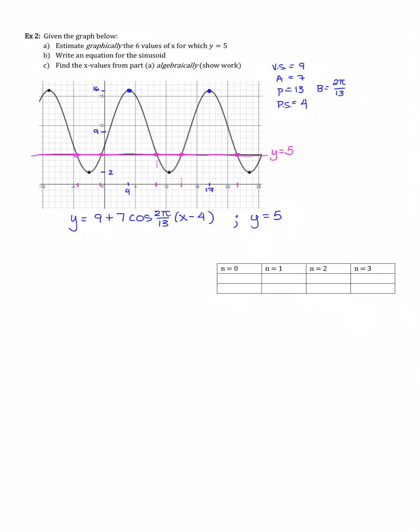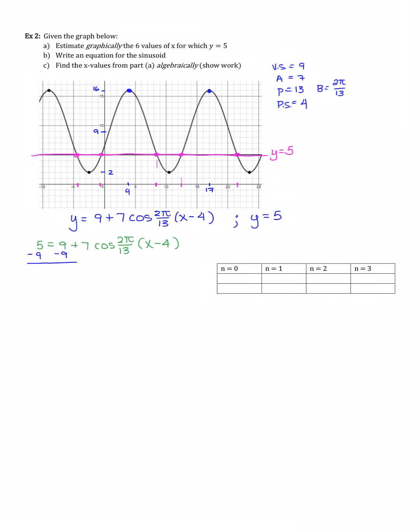What we're actually going to be doing is setting 5 equal to this equation. Most of this is going to be algebra, but at some point we have to take the inverse cosine, and that's when we start doing what we did on the previous page. Let's start our algebra. We're trying to isolate x, so we have a lot of layers to peel away. The first thing we're going to do is subtract 9.